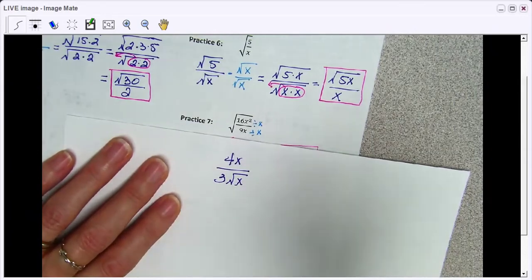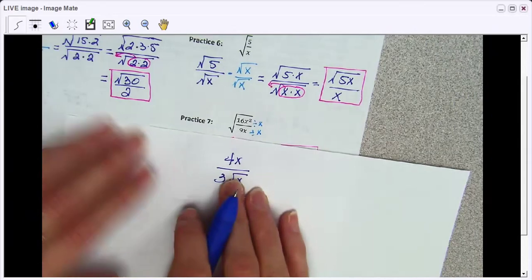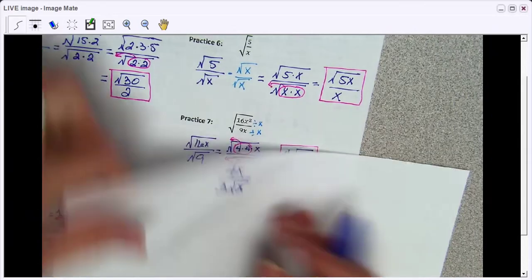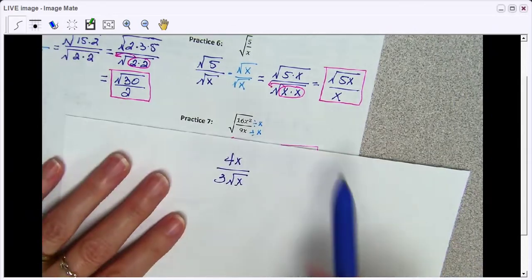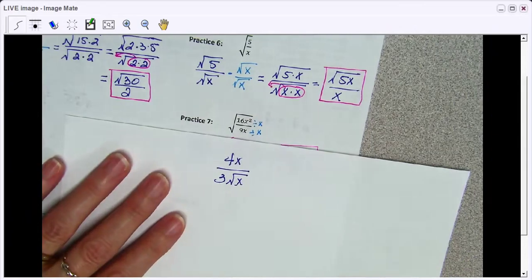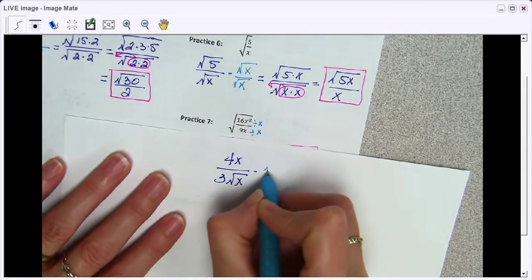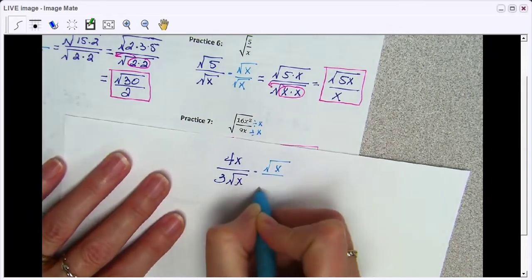And so doing that, then you would have had to rationalize the denominator, okay? And so then we would have multiplied both the top and the bottom by the square root of x.